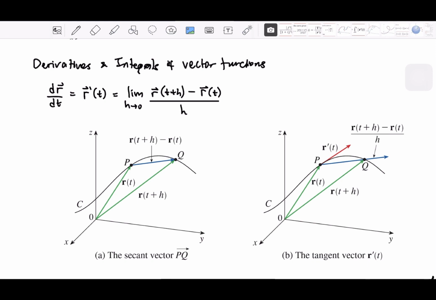If we take the movement as plus h from the original position, this part here is the tangent. You can imagine this is the difference of r at t plus h and t, divided by h.